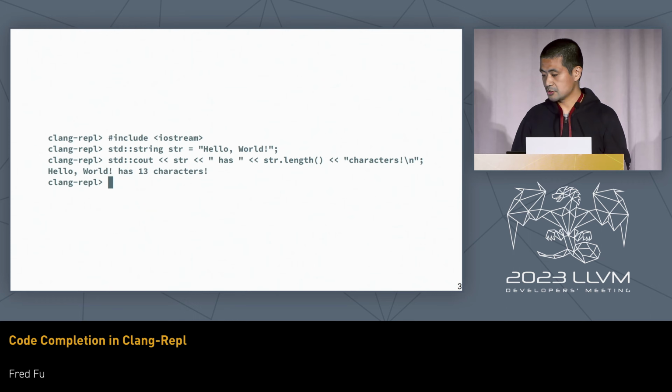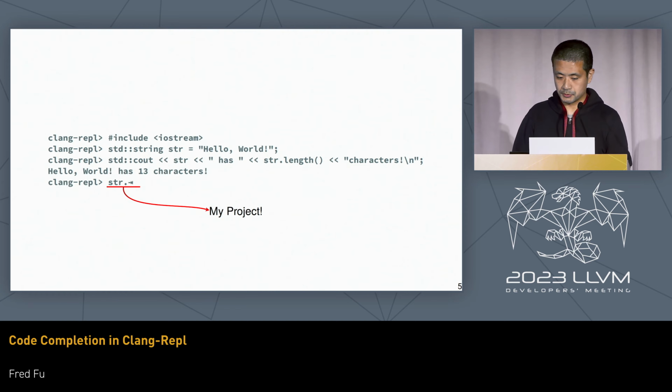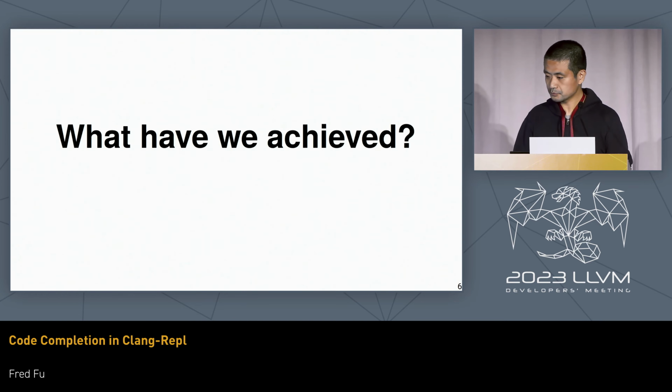Like here, we define a string and use it as part of the content we print out to standard output. So what if we want to list all the members of the variable with a single tab here? This is where code completion comes in handy.